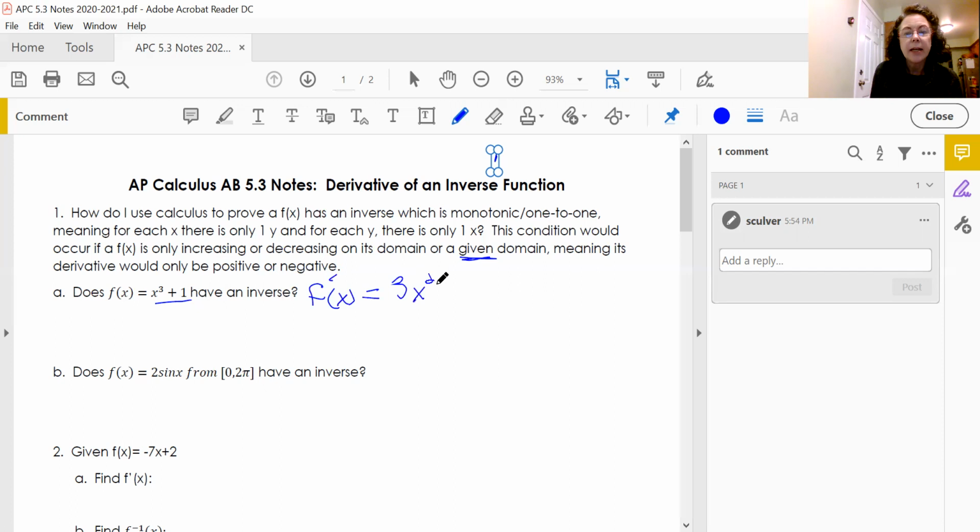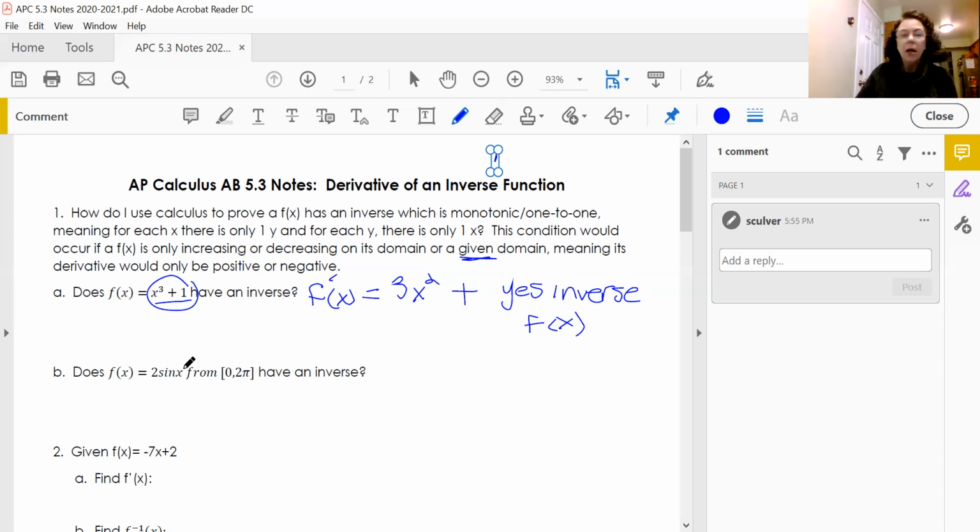And notice that except for where x is 0, this derivative is always positive. Think about the function x cubed plus 1. Isn't it always increasing as x increases? Meaning that it does have an inverse function. Yes, it does have an inverse function. The key word is actually kind of function right there.